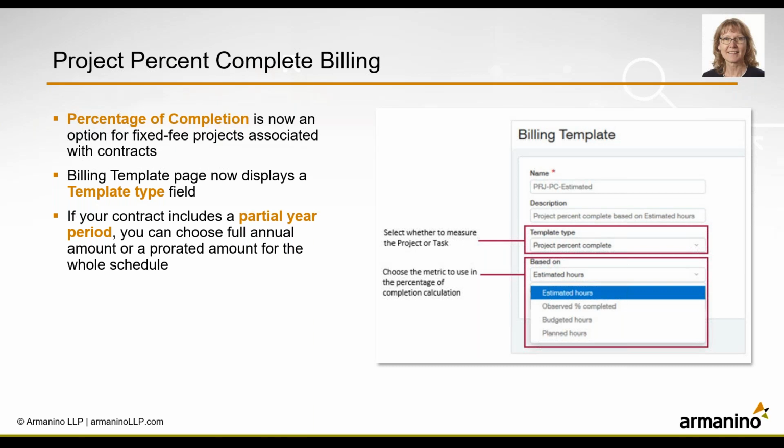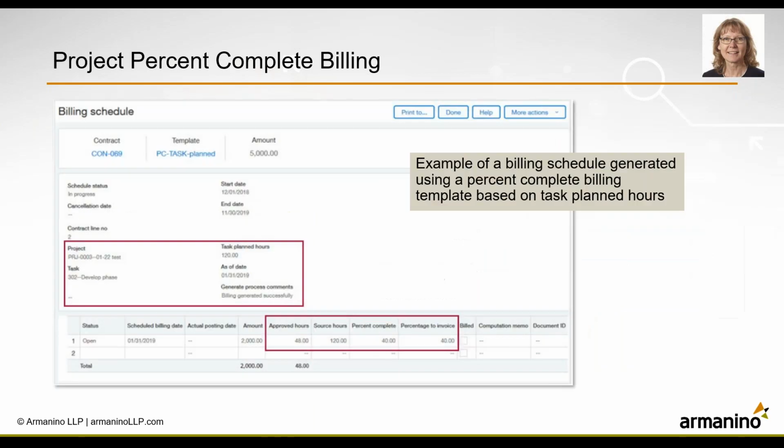Along with that, a billing template allows you to pick and choose which type of template you want, whether it's related to the project or the task as far as that percent complete. And if your contract includes a partial year period, you now have the option to choose full annual amount or a prorated amount for the entire schedule. So a few new little things there that are going to help with more flexibility in contracts.